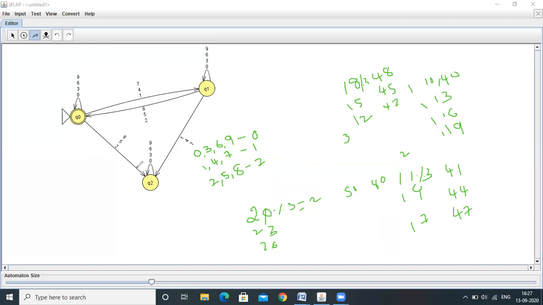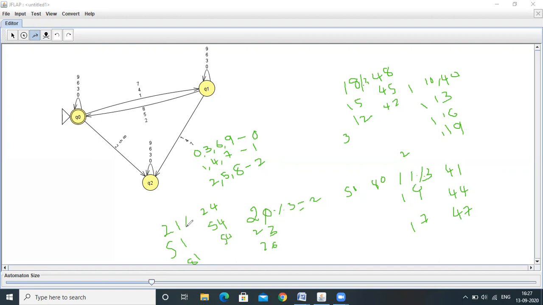Now let's take the second group 1, 4, 7. Already Q0 on 2 is reaching the Q2 state. Here if you get 1, Q2 on 1, it will become 21, 51, 81, or 24, 54, 84.